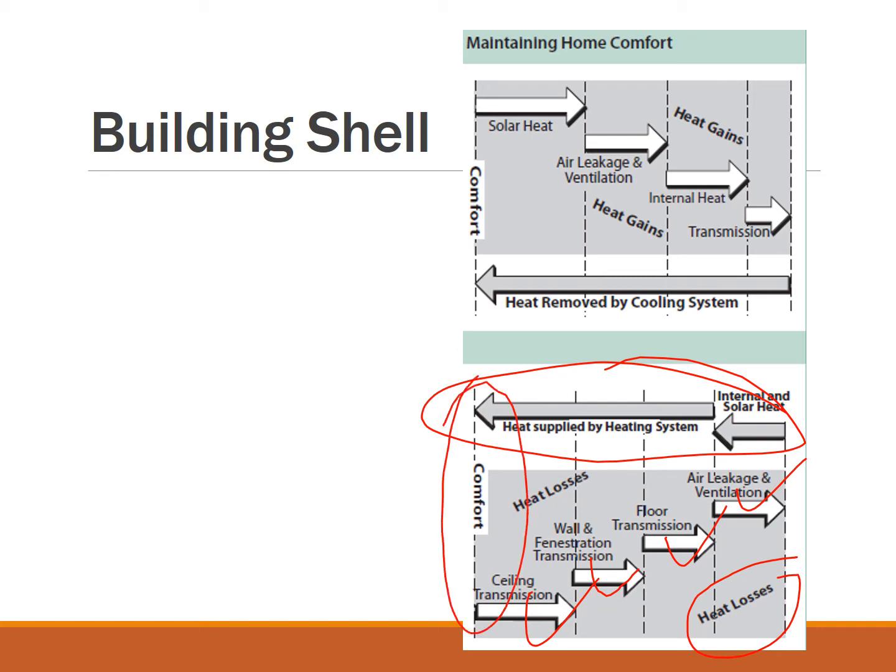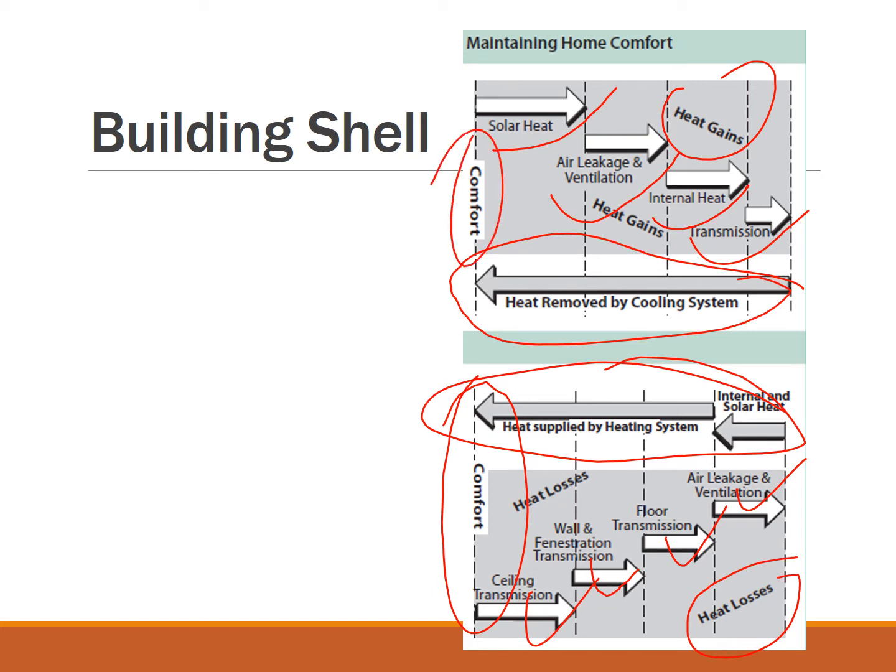In the summertime you have heat gain: solar heat, air leakage gain, internal heat from bodies and from equipment, and you also have gain from transmission, and you're trying to remove heat from the system in order to achieve comfort. So that's what the building shell is, the envelope where the home is located, and how you want the dwelling or the house to maintain the comfort.